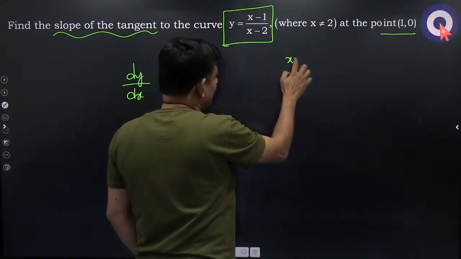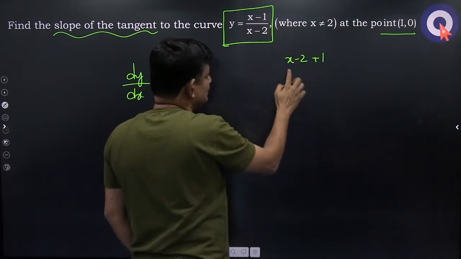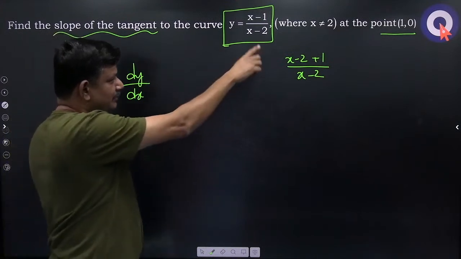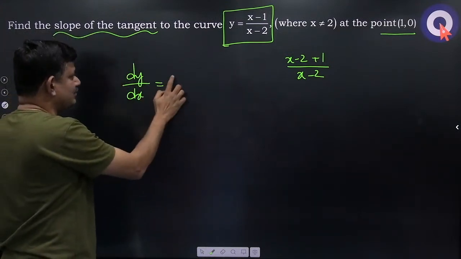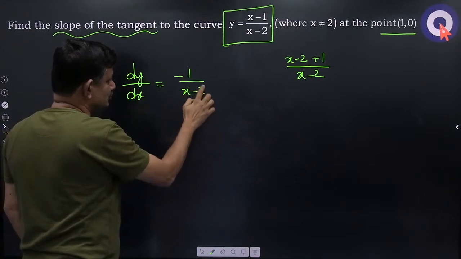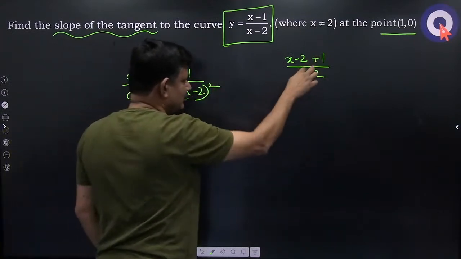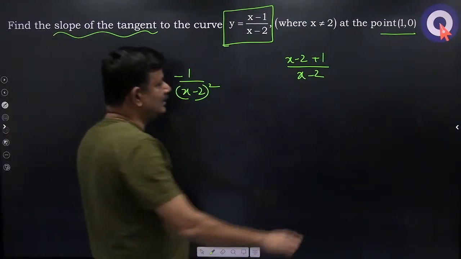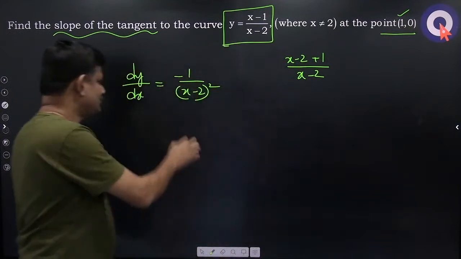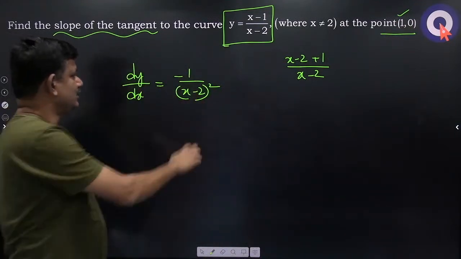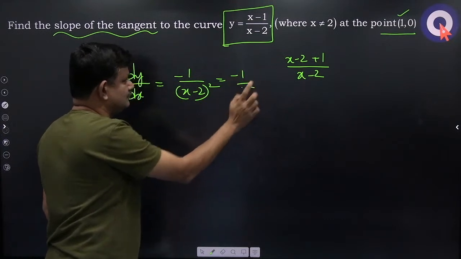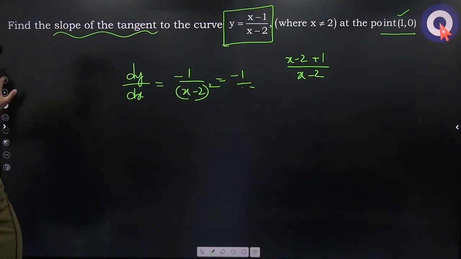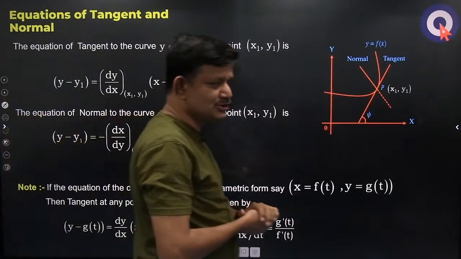Then put x is equal to 1 and have the slope ready: minus 1, and the inclination is 135 degrees. So it's a simple warm-up question.